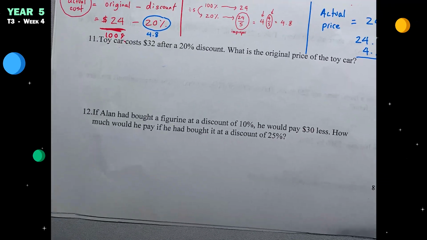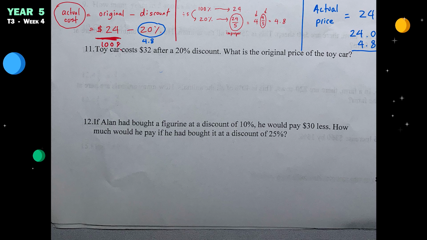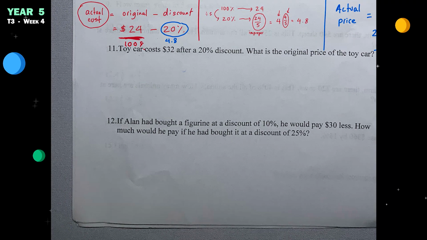Alright, question number 11. Toy car costs $32 after a 20% discount. Oh, alright, they're trying to mix it up, make it a bit harder for us. So we have, again, I'll just do the actual price just to make it convenient.